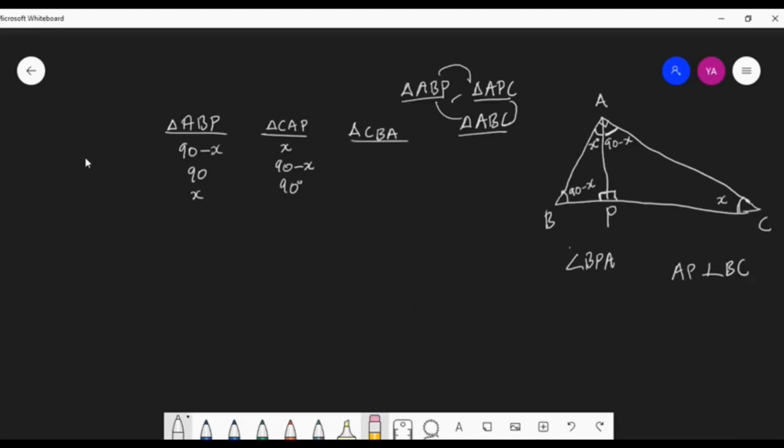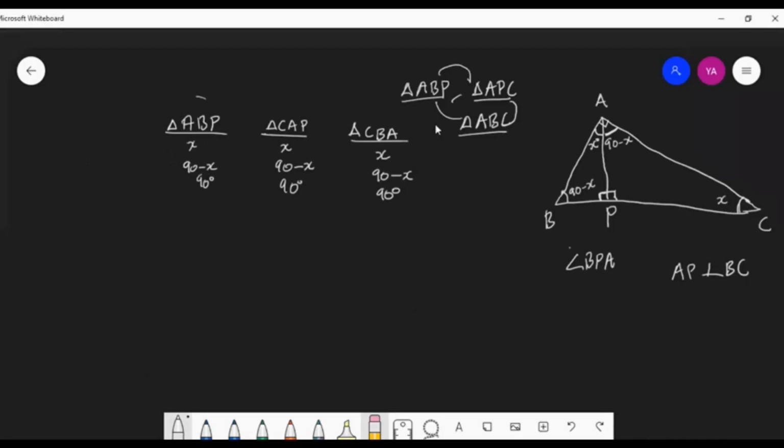Okay, so what is angle C in the large triangle? X degree. And the second angle B is equal to 90 minus x, and the third is 90 degree, right? Okay, so this also we can write in the same order. So angle A is x degree, angle B is 90 minus x, and angle P is equal to 90 degree.